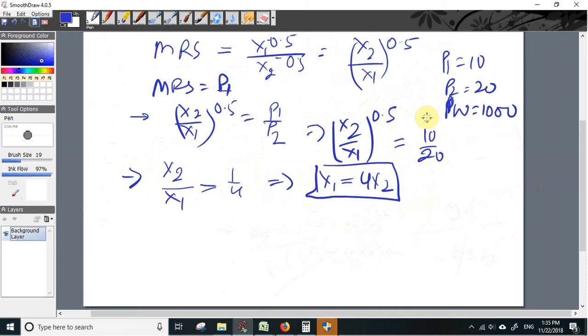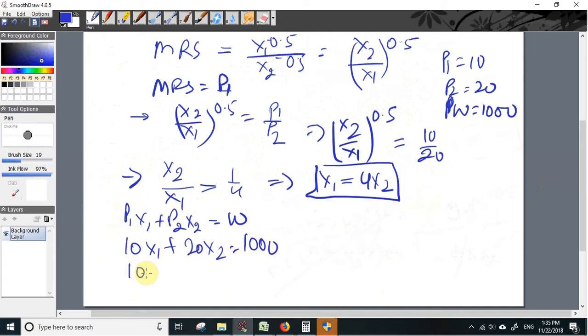Now using this relation in the budget constraint, the budget constraint is p1 x1 plus p2 x2 is total wealth. So this is 10 x1 plus 20 x2 is 1000. So this is 10 times 4 x2 plus 20 x2 is 1000.